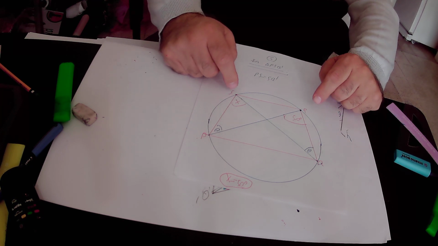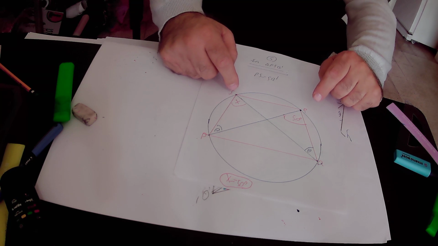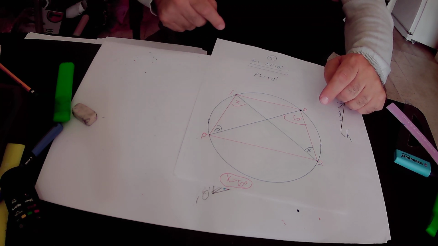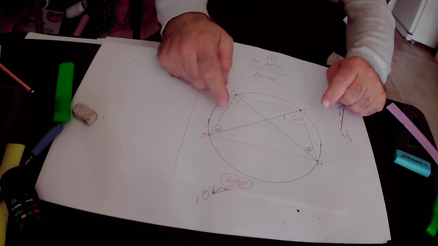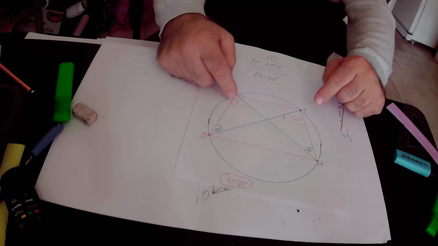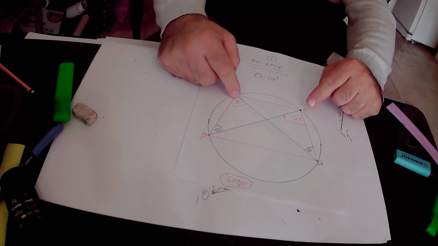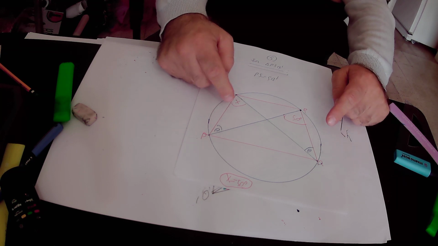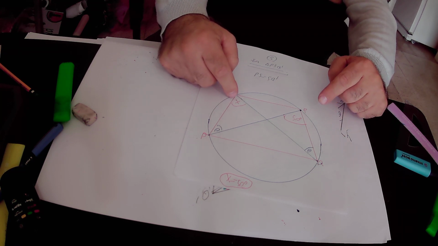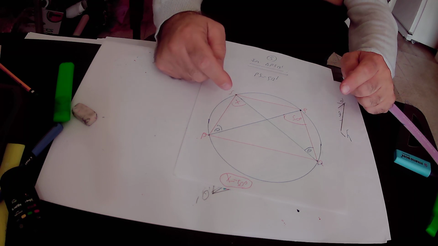Therefore, according to rule number 2, they are equal to each other, because rule number 2 states that peripheral angles that subtend the same chord are equal to each other. Therefore, those two peripheral angles, x and 50 degrees, that subtend the same chord PQ will be equal to each other. That is to say, angle x equals 50 degrees.